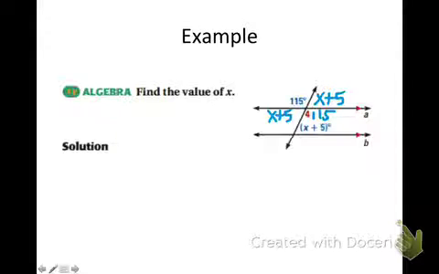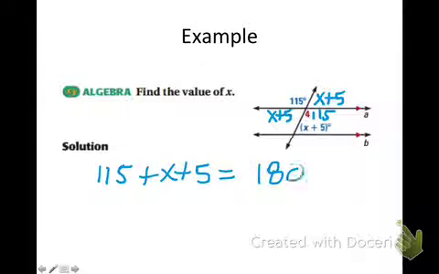Okay? So we just solved from the consecutive interior angles theorem that consecutive interior angles have to be supplementary. So we can say that 115 plus x plus 5 has to equal 180 degrees.